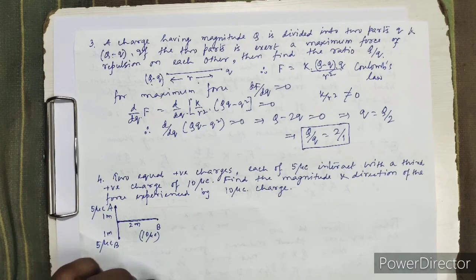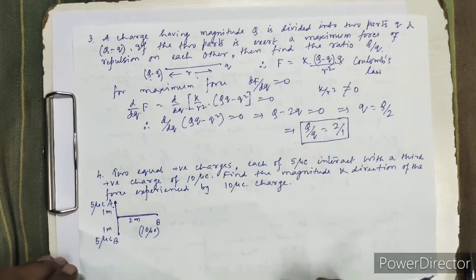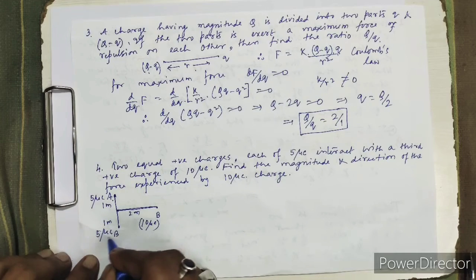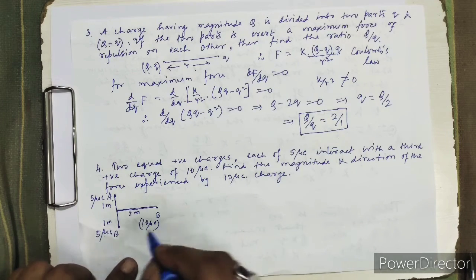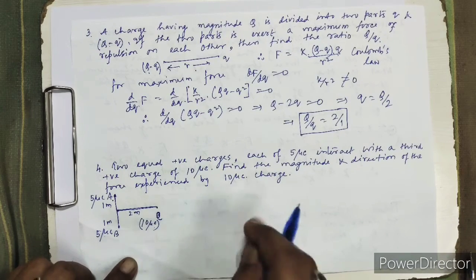Say two equal positive charges, both are plus 5 microcoulomb. Clear? Both are plus 5 microcoulomb. Now we consider this charge is placed at a point A, plus 5, at B also plus 5, and at C, consider C. This is 10 microcoulomb.